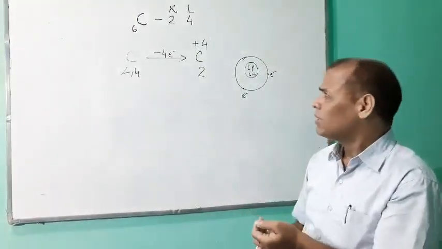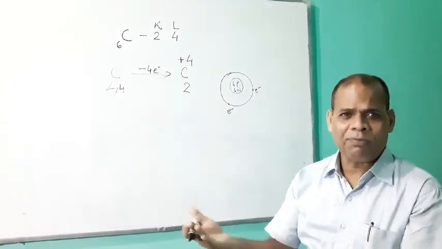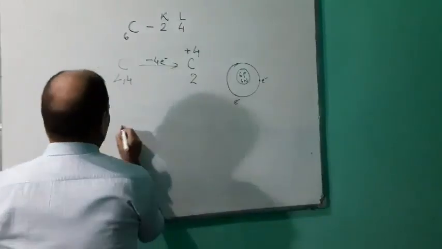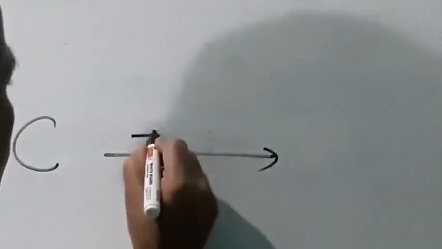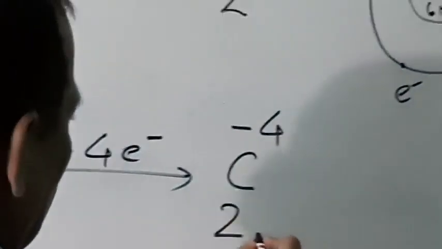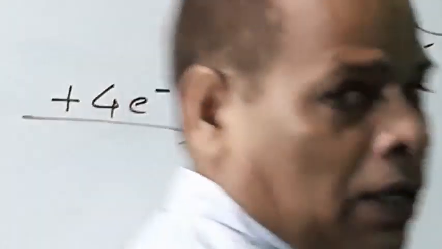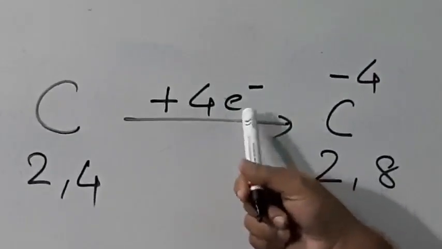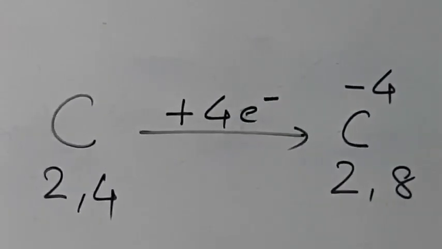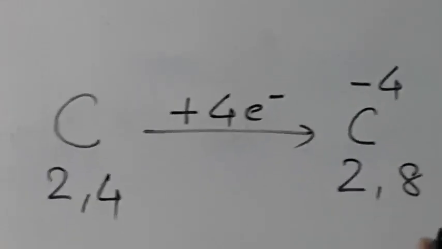Now the next step: if carbon cannot lose electrons, can carbon gain 4 electrons in order to form C4-? After gaining 4 electrons, its electronic configuration is like that of neon, that is 2, 8.